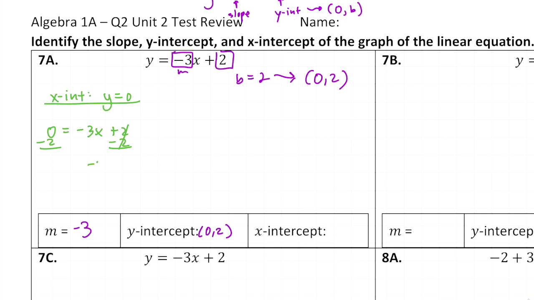Subtract 2 from each side. I have a -3x is equal to -2. Then divide both sides by -3. And my -3's reduce. I have an x equals a positive 2/3. Writing that into intercept, or actually ordered pair form, that would be 2/3, 0.